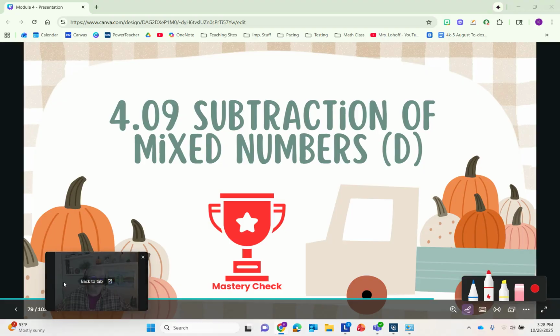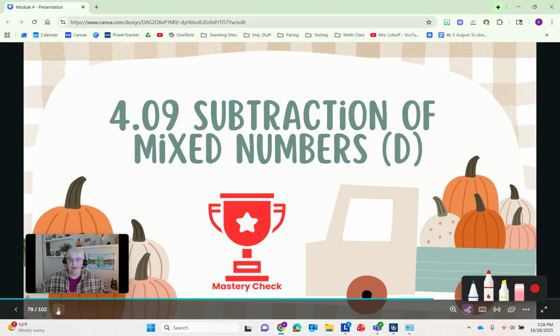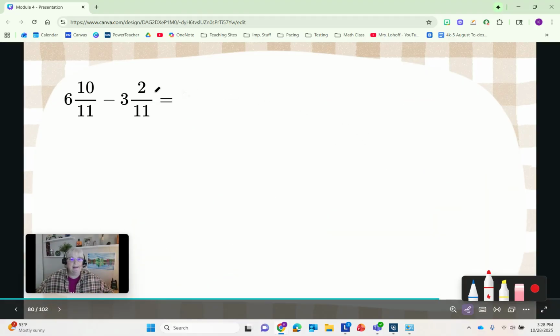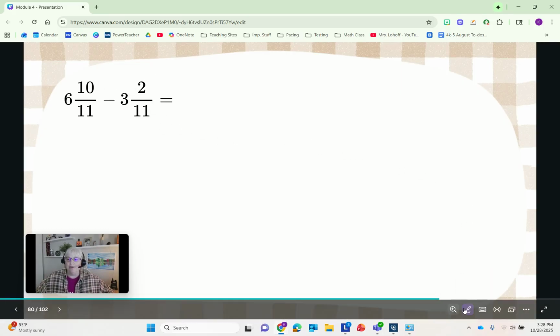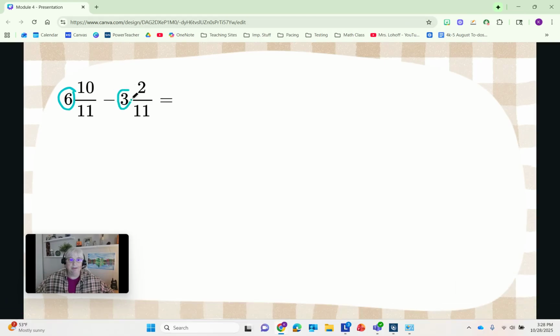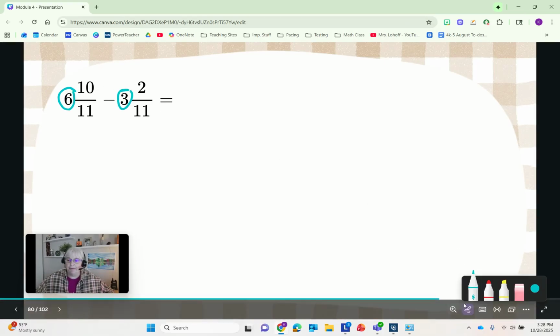Let's go over some practice problems together before you take that mastery check. Here we have 6 and 10 elevenths minus 3 and 2 elevenths. When we subtract mixed numbers, we need to identify our whole numbers, which I will do in blue, and our fraction parts, which I will do in purple.